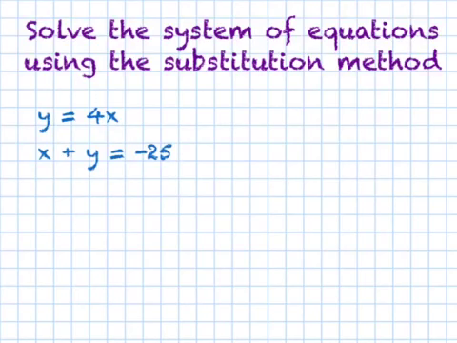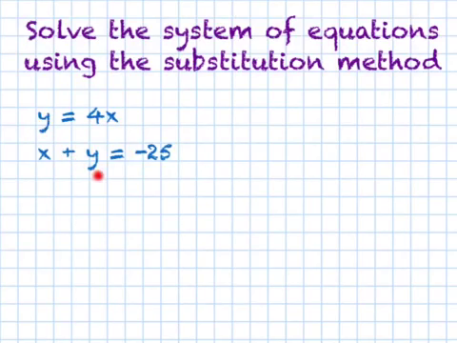So here we have a system of equations. y equals 4x and x plus y equals negative 25. Do we know the value of either x or y according to this equation up here? Well, yeah, it says y equals 4x.